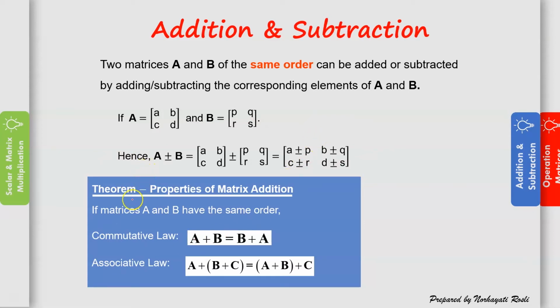From here, we come up with the theorem of properties of the matrix. So here we have commutative law and also associative law.